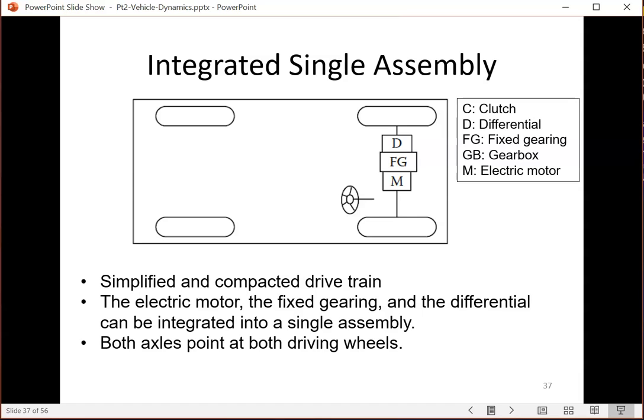Of course, that requires the design of the electrical motor together with the gear ratio and differentials, how you put them into place and how you connect them to the wheels. Those kinds of issues will evolve, but essentially it's possible to make them into a single unit.